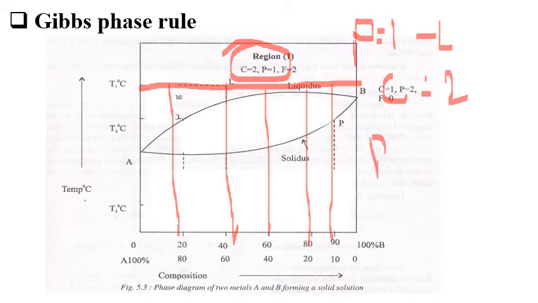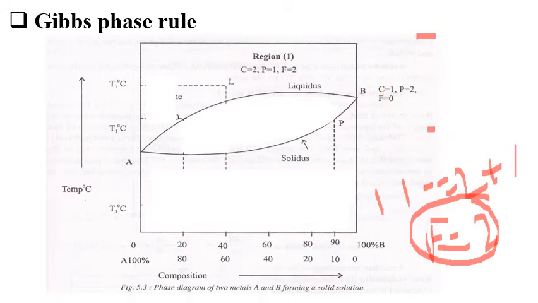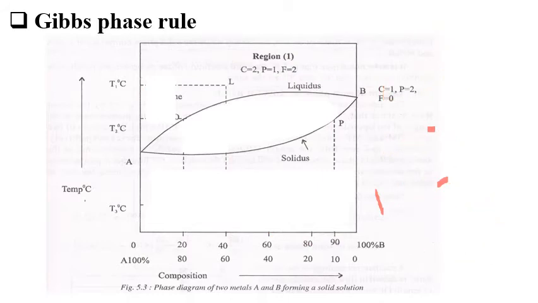Now if you write P plus F equal to C plus 1, P, the number of phases, is 1, plus F equal to components 2 plus 1, so F will be equal to 3 minus 1, which is 2, meaning the independent variables are 2, that is temperature and pressure. So if you vary the temperature here, or the pressure here, the number of phases will not be altered. So the degrees of freedom at this moment are 2.